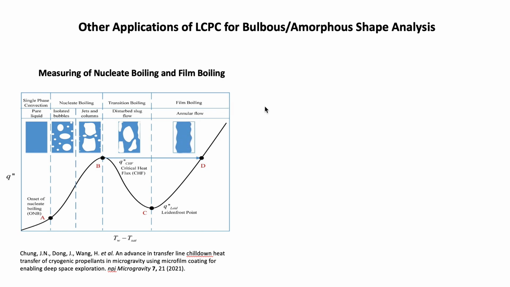And a lot of cooling systems, whether for nuclear reactors or for massive computer towers, need AI to track the shape of bubbles so that it can give a critical warning as to when film boiling is about to happen. And this is an application that the LCPC transform can really make a big difference for.